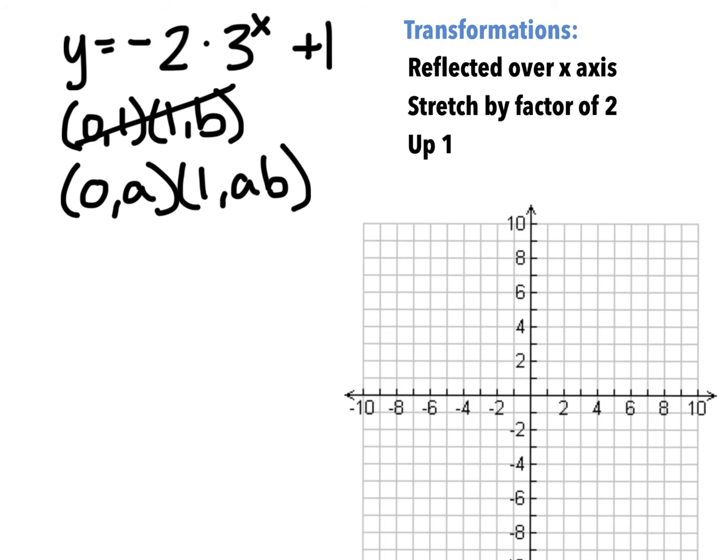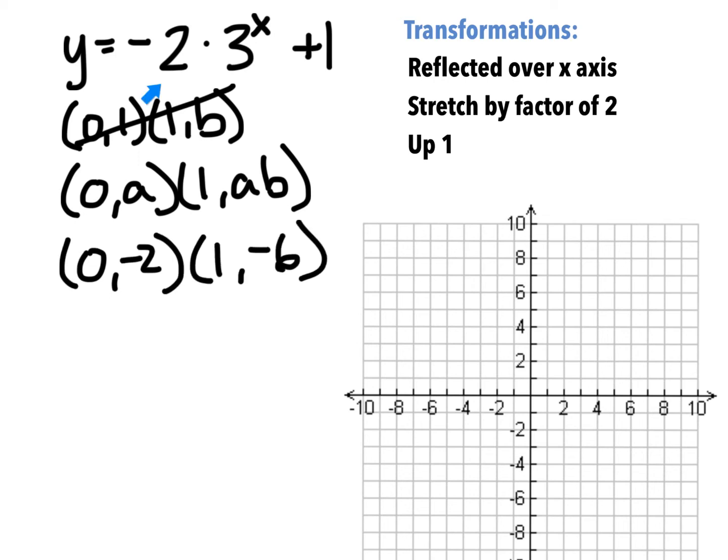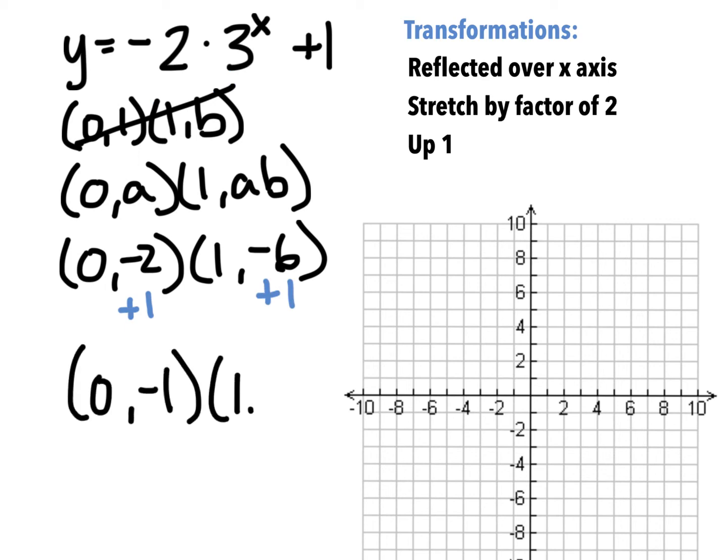Those points would be (0, -2) and (1, -6), because negative 2 times 3 is negative 6. And then we have to see this plus 1, which is going to add to the y values. It's going to shift everything up 1. So we have the points (0, -1) and (1, -5).